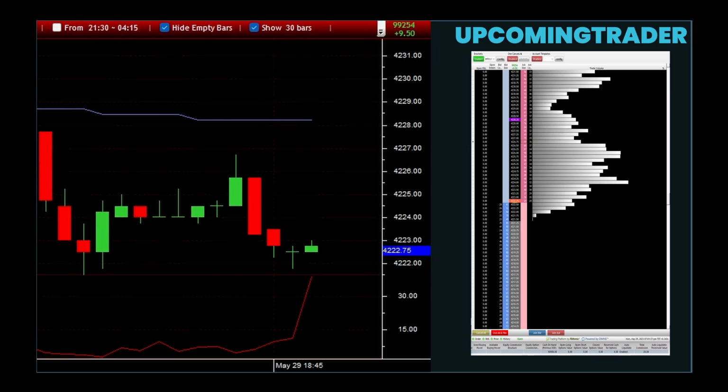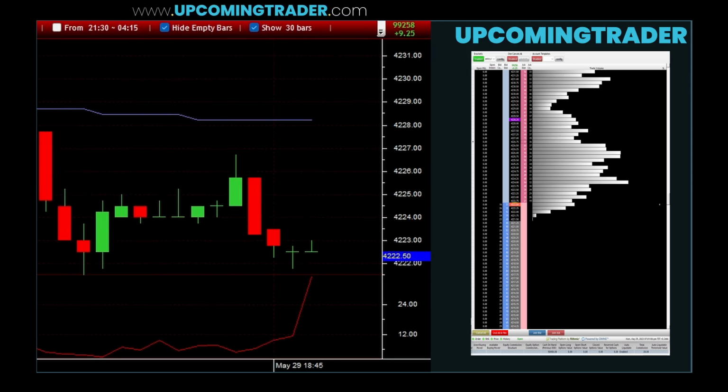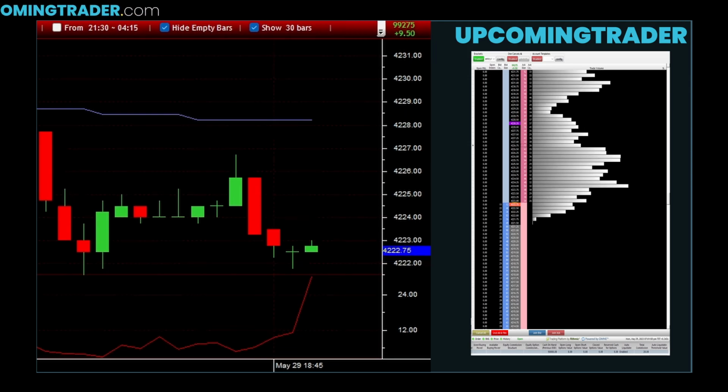Balanced profiles are usually formed during periods of low volatility, suggesting that the market is comfortable at those price levels and there is no urgency from either buyers or sellers to move away.